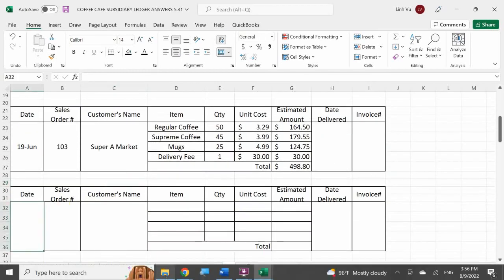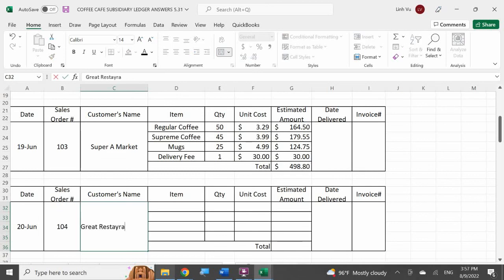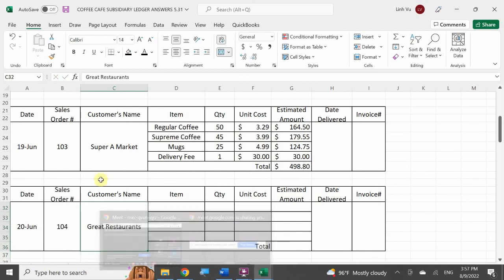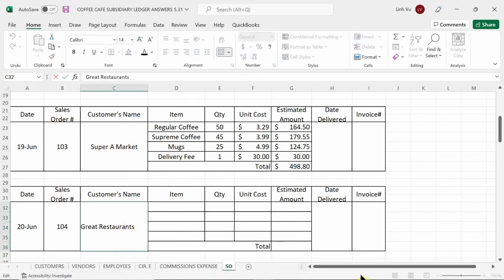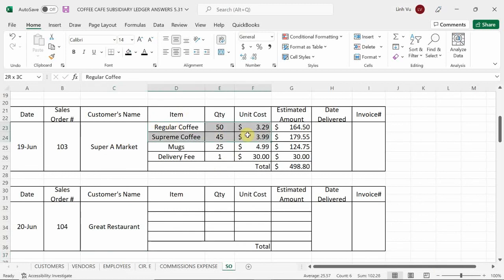Okay, so date, it's the 20th. 104. Great Restaurant, actually it's just Great Restaurant, not plural. Okay, items that they're ordering from us. They're going to be ordering some regular coffee and some Supreme coffee, and we're going to charge them a delivery fee.